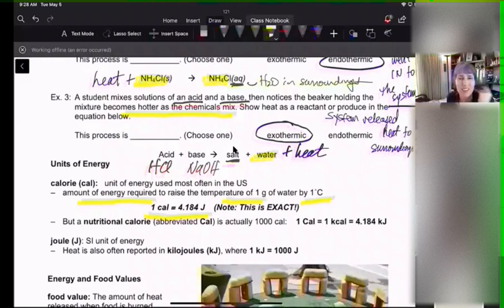But then we look at the label on our food and they have calories with a capital C. That is kilocalories. So our nutritional calories are 1,000 times the scientific unit of calories. So that's like 1,000 milliliters of water to raise it by 1 degree. It's a lot of energy.